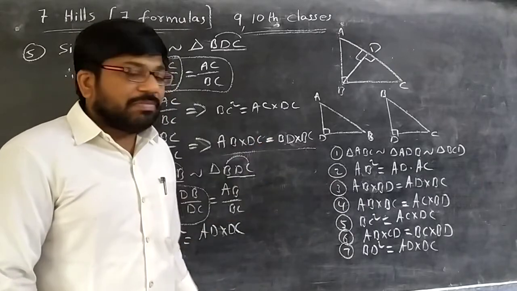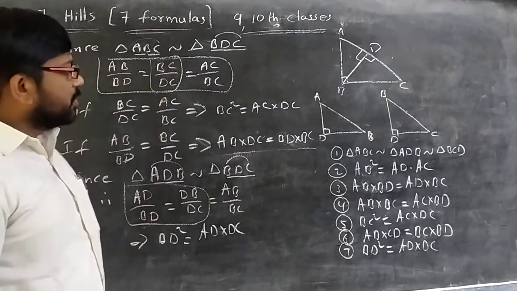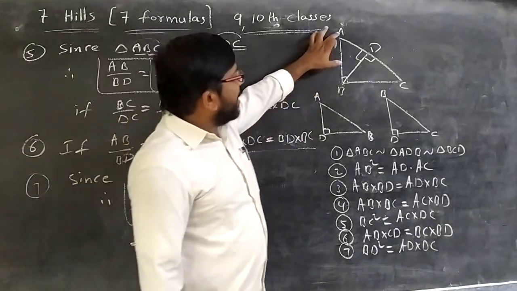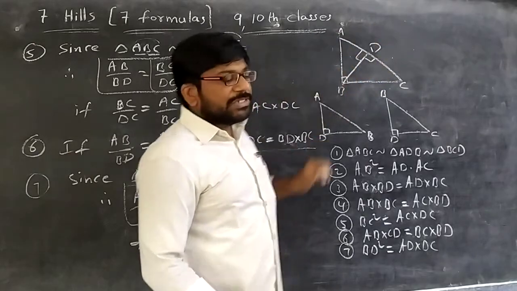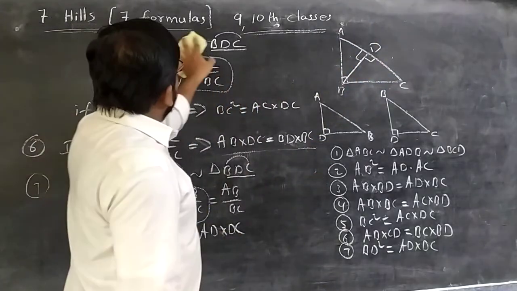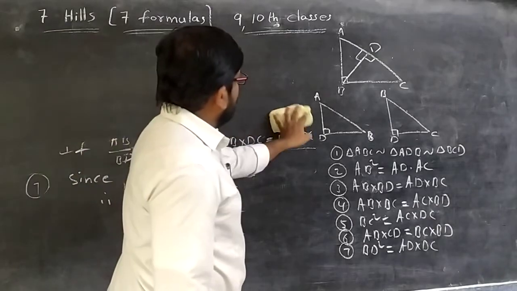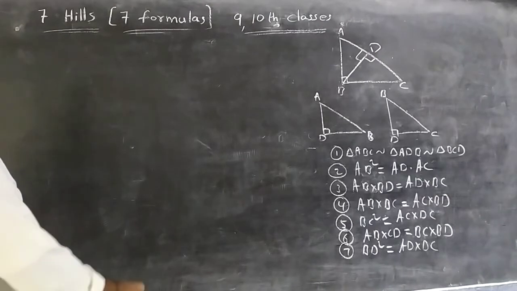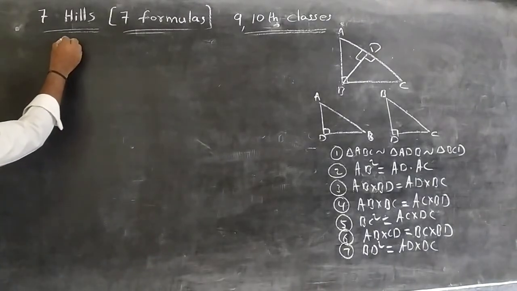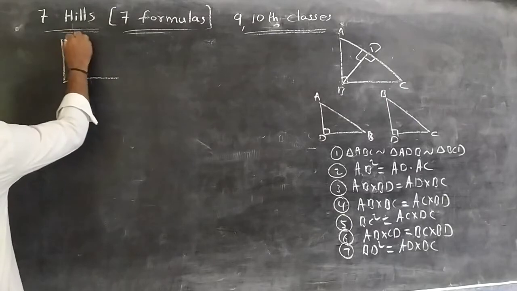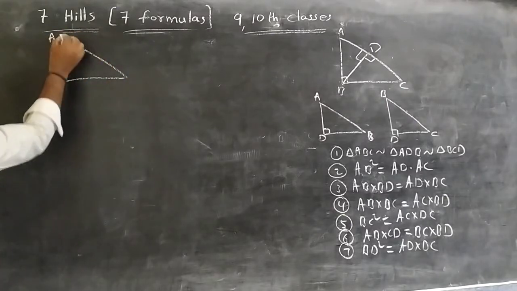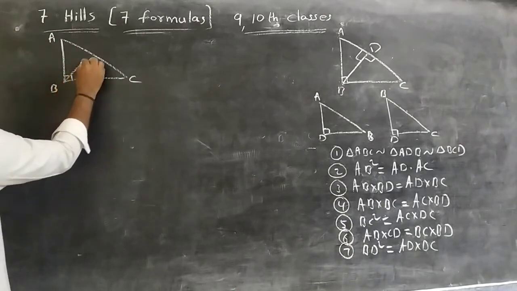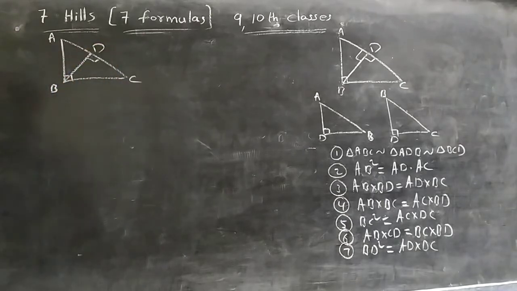So these seven formulas are called the seven hills. These are very, very important formulas. Once again, observe carefully. In triangle ABC, angle B is 90 degrees and BD is perpendicular to AC.